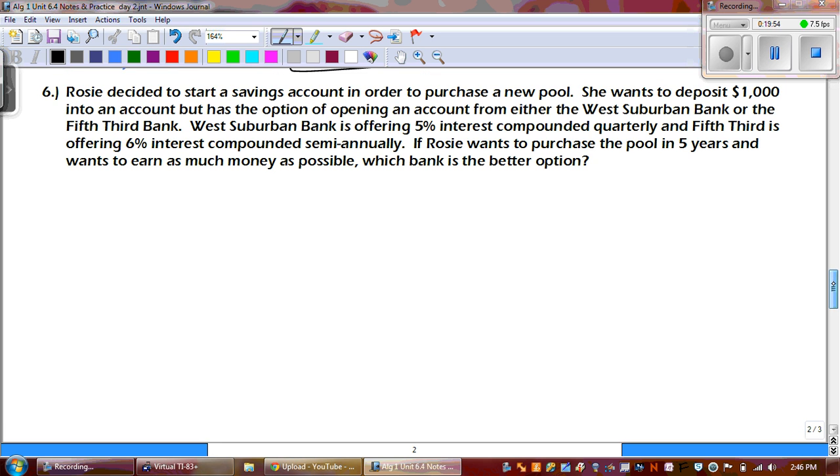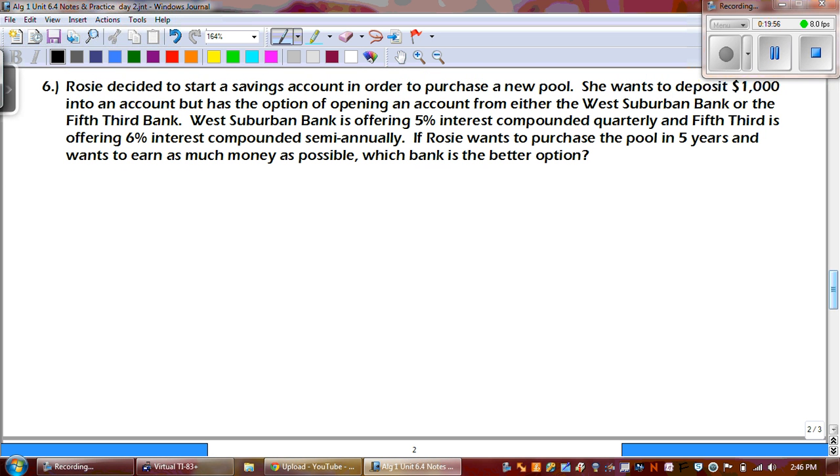Last one. Rosie decided to start a saving account in order to purchase a new pool. She wants to deposit $1,000 into her account, but has the option between an account from either West Suburban Bank or Fifth Third Bank. Okay, so we're looking at two different banks. So West Suburban Bank is offering a 5% interest compounded quarterly.